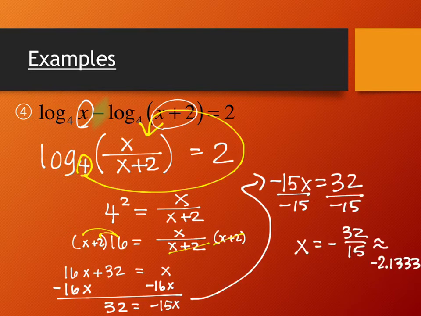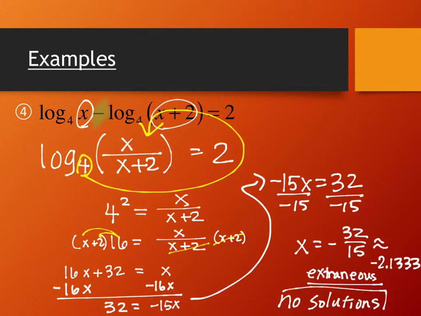And it was the only choice that I had. So what does that mean my answer is? This is extraneous. That's true. But what does it mean my value is for my actual solution? Yeah, it means there's no solution. The only one that was a viable option ended up being extraneous. There are no more choices, which means there's no solution. So that can happen. You can have no solution.